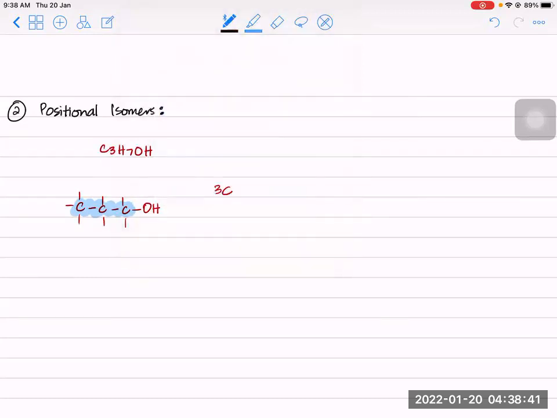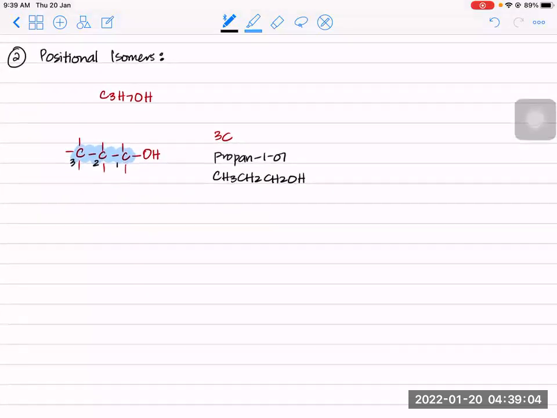Let's name this. So this will be propan-1-ol, because this is carbon 1, 2, 3. Let's write the structural formula. CH3, CH2, CH2, OH. And this is C3H7OH.